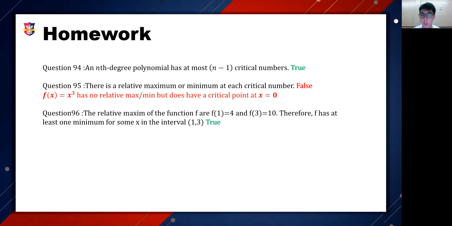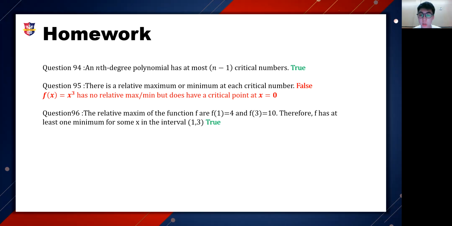About question 96, which is the last question. The relative maxima of the function f are f of 1 equals 4 and f of 3 equals 10. Therefore, f has at least one minimum for some x in the interval 1 to 3.